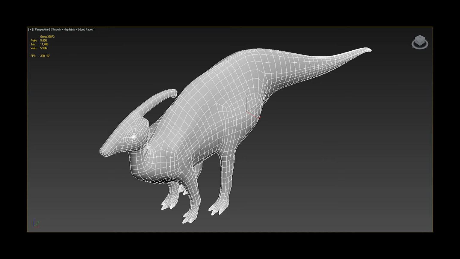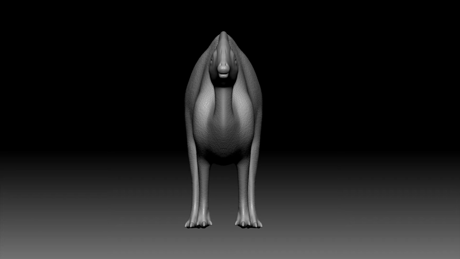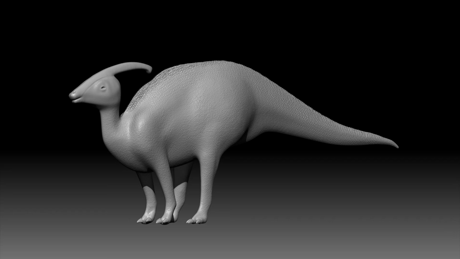Like, say, there would be vertices moving around on the tail when the front foot was moving. I fixed that by selecting the vertices and removing them from being weighted, and that was really the only problem on the creation side, and well, most things, yeah.